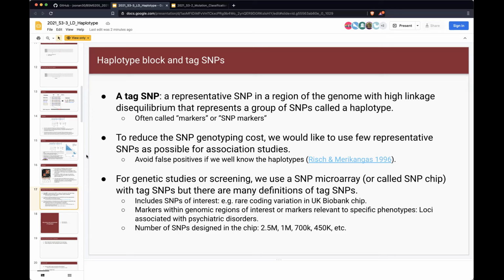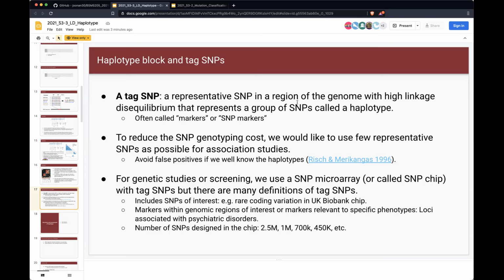In a haplotype region, you can pick 1 or 2 genetic positions to represent the haplotype, and we call them tag SNPs, right? This is the representative SNP in a region of the genome, sitting in a high LD region and representing the group of SNPs within the haplotype. Sometimes we call these tag SNPs markers or SNP markers.